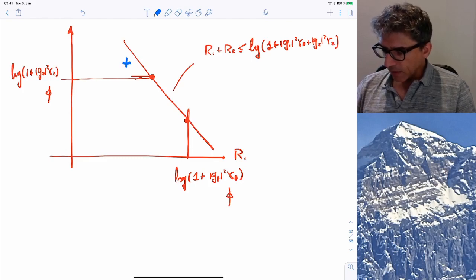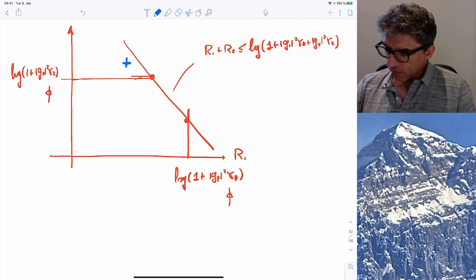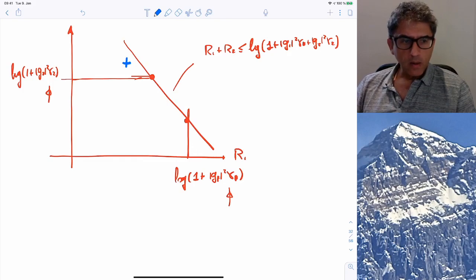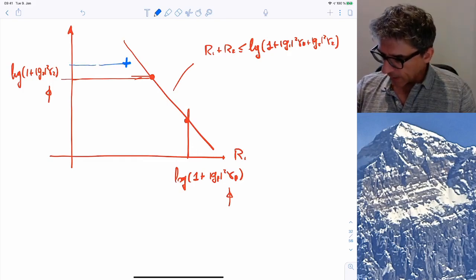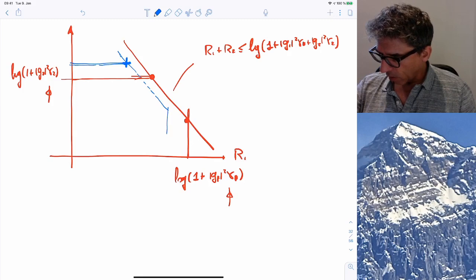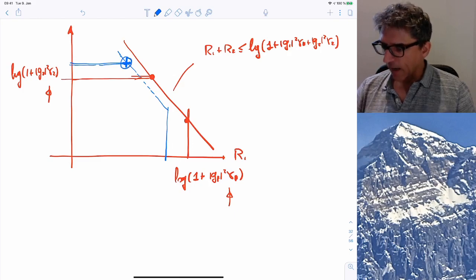And suppose that we can, in fact, increase the power of user 2 and decrease the power of user 1, such that, for example, this point will be at a corner of a new region. So we are somehow shaping up the region in order to operate at a desired point.